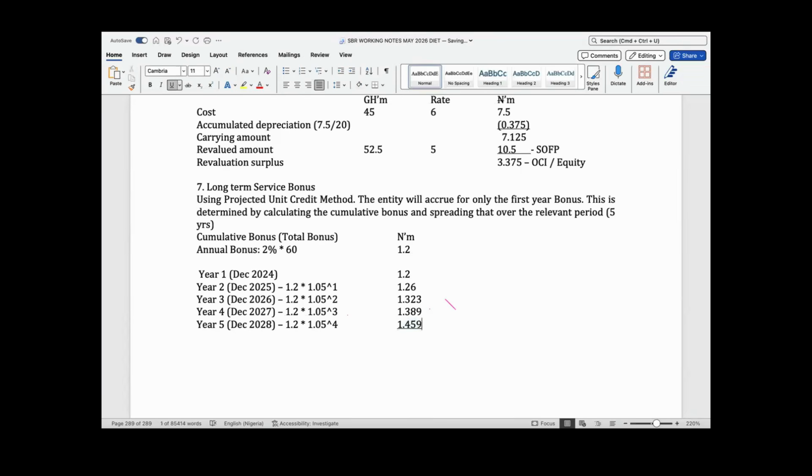So at the end of the period, how much are we getting? What's the cumulative bonus? Just add all this together. 6.631. Okay. So what's the bonus per annum?